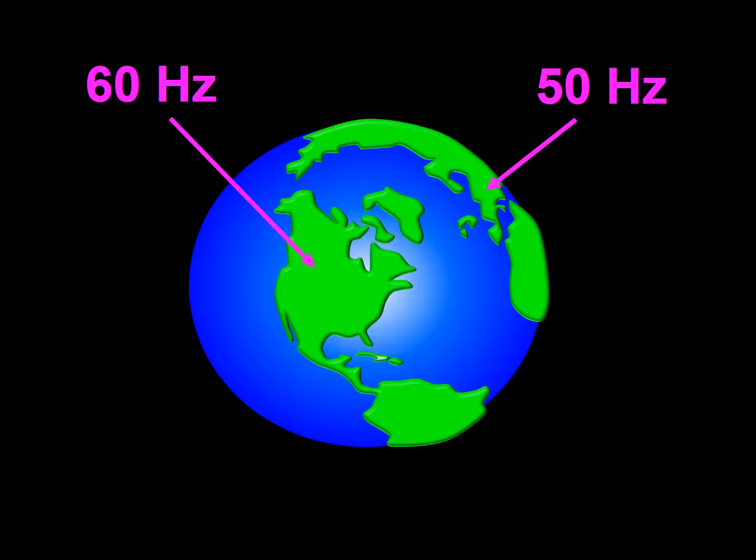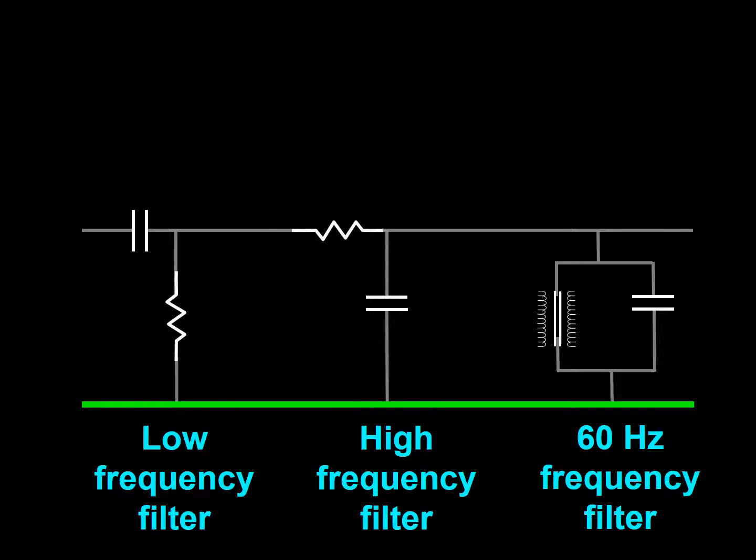That is 60 Hz in the United States and 50 Hz in Europe. The three types of classical analog filters, low, high, and 60 Hz frequency filters, were very important components in the old analog pre-digital EEG machine world.